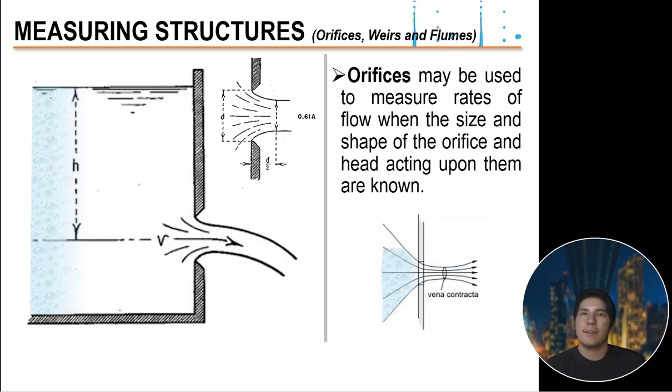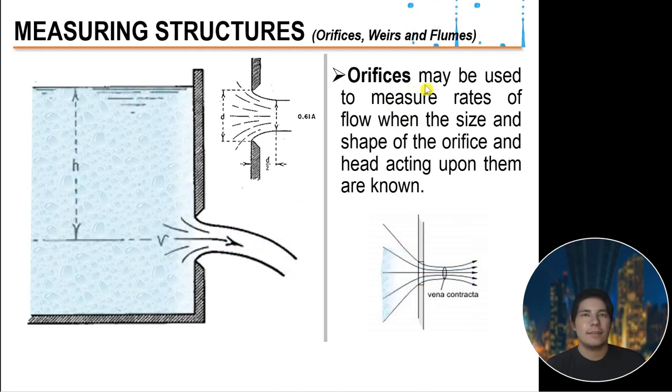So the second one is using the measuring structure. We have orifice, weirs, or flumes. So the orifice is this opening. So we call it orifice. It may be used to measure the rate of flow when the size and shape of the orifice and head acting upon them are known.